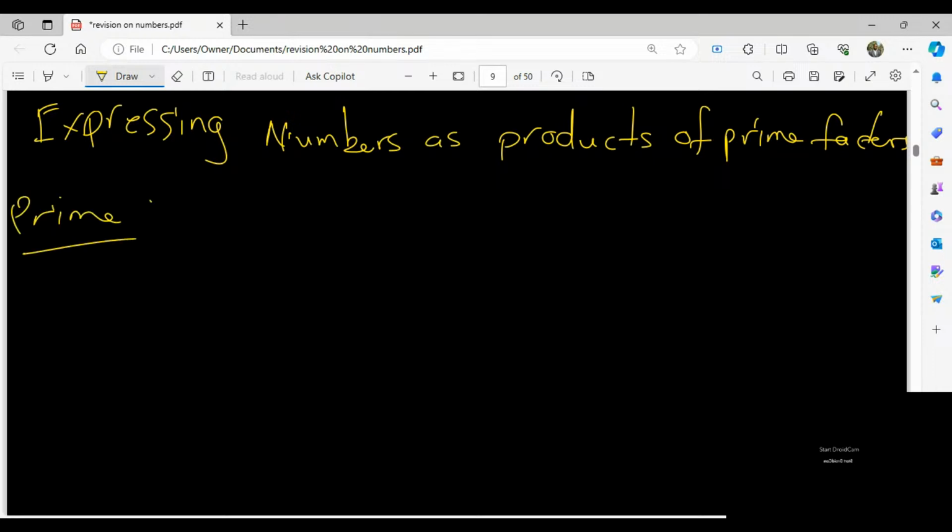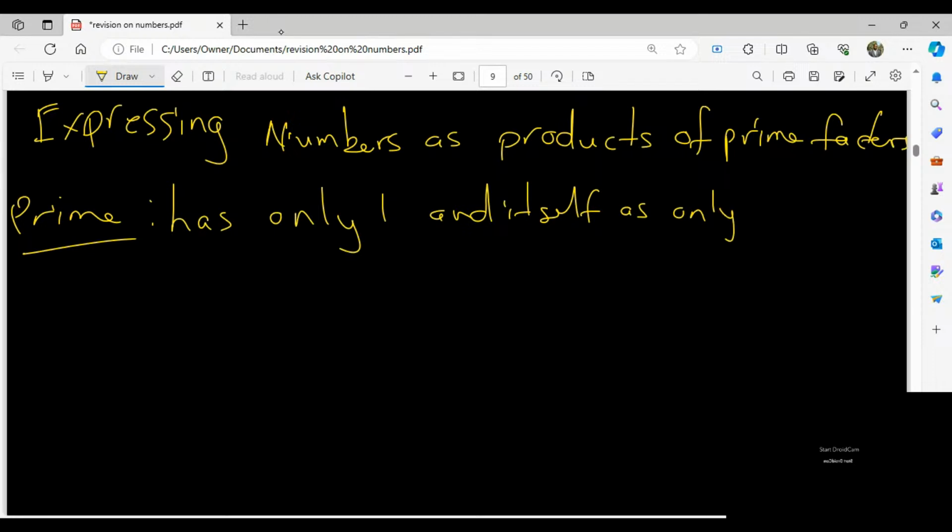You should know by now that a number is considered to be prime if it has no other factors except one and itself. So a prime number has only one and itself as the only factors. All right. So that's what a prime number is.